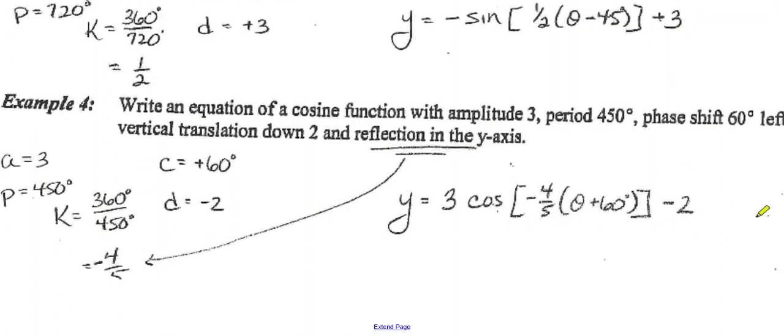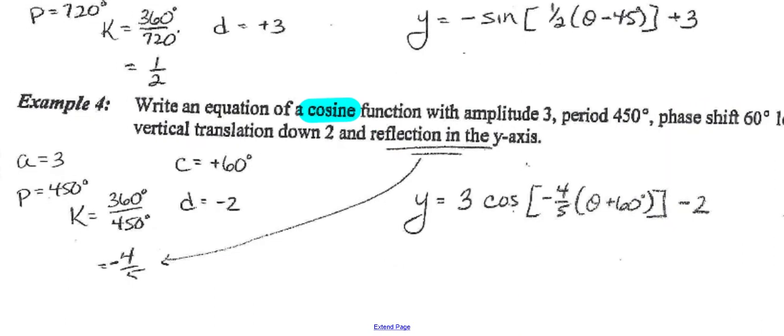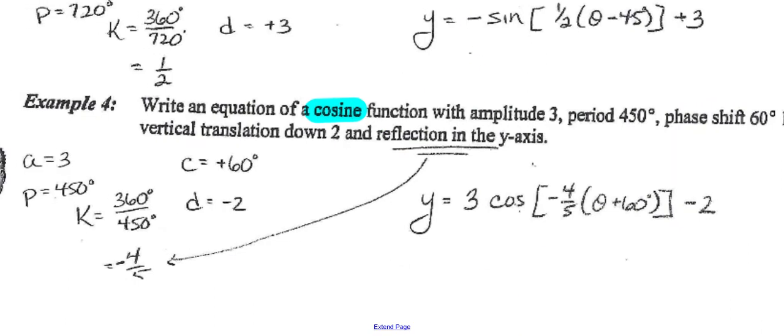All right, last one. It says write an equation of a cosine function with an amplitude of 3, period of 450 degrees, phase shift 60 degrees left, vertical translation down 2, and reflection in the y-axis. The y-axis deals with the K value, and the period deals with the K value. Amplitude is 3, so A equals 3.